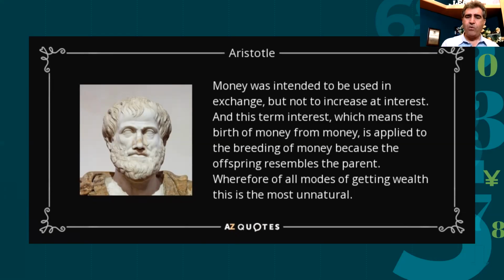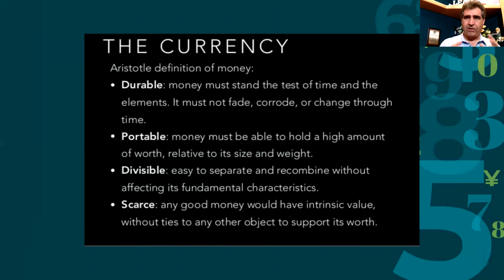But the quote that I really love is his understanding of the meaning of currency. When we talk about money, what are the things that are important in defining its role? After all these years, I think what Aristotle implied still applies.